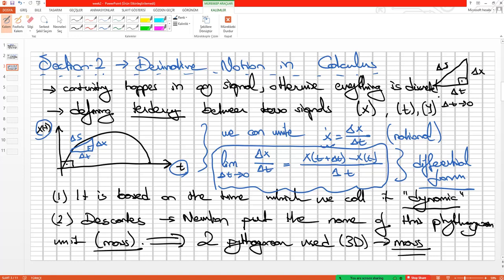We can relate this mass with the dynamic, because we can use calculus derivations or rules in that case. And so mass is linked with the Pythagorean triangle.